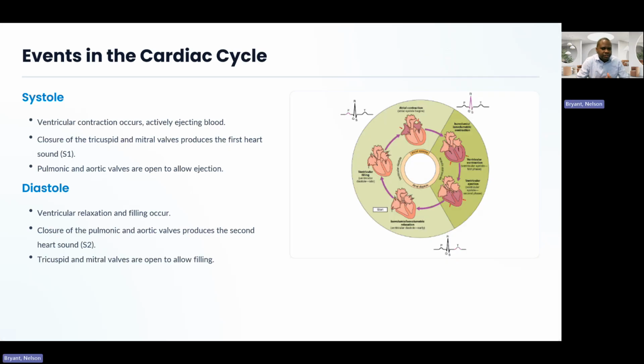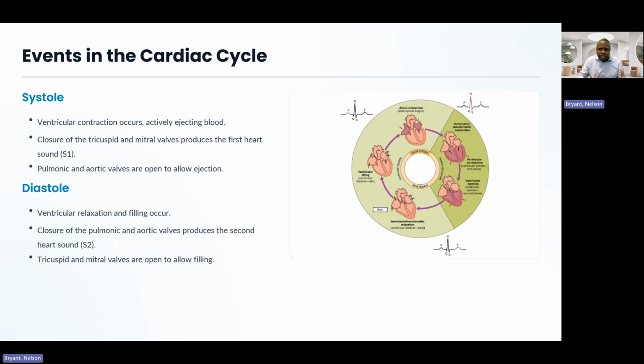So most of the important events to remember in the cardiac cycle will consist of the systole and diastole. You already know systole is the period of ventricular contraction, which is marked by the S1 sound when the AV valves close.